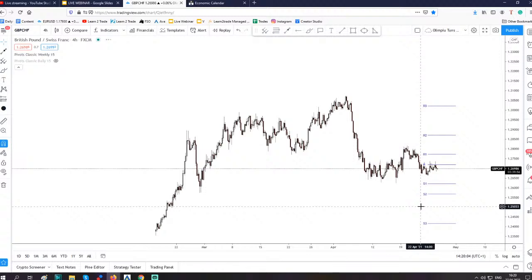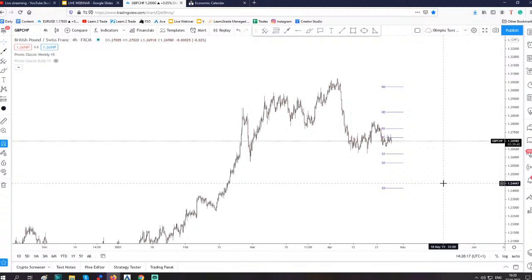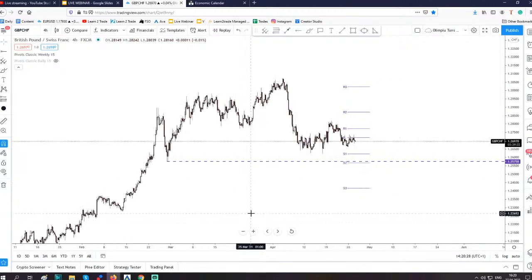And as you can see here, we have an important uptrend. So this could still be only a temporary decline. We have an important support here at 1.2575, right?